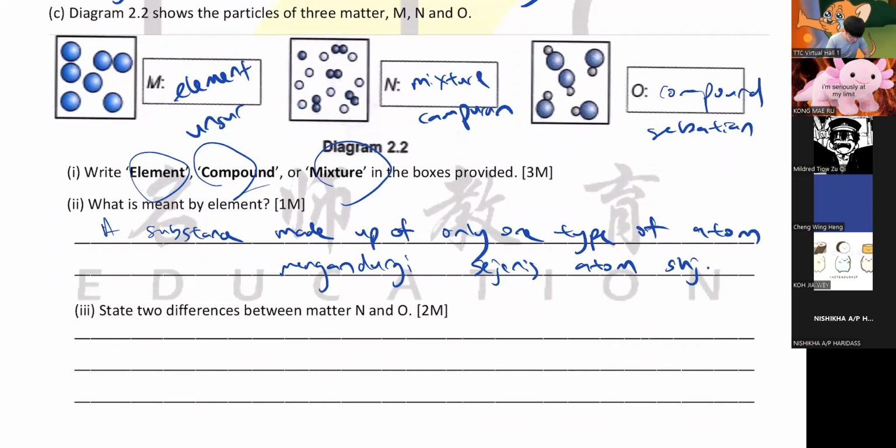Okay, two differences between N and O. I can say N, one is physically, secara fizikal. And then O is chemically, secara kimia. Okay, what else can you say?